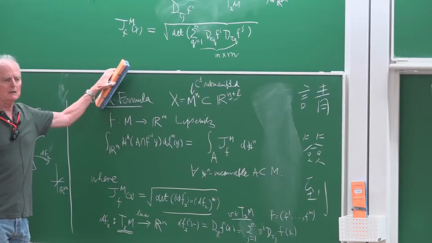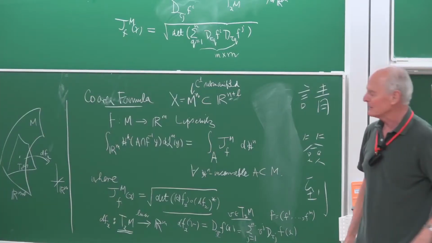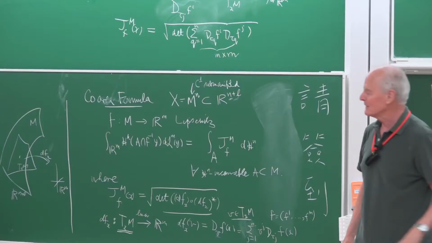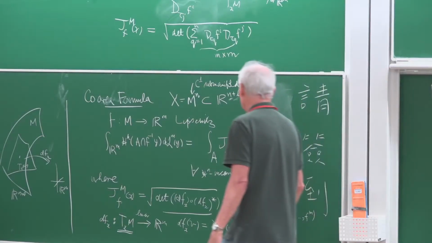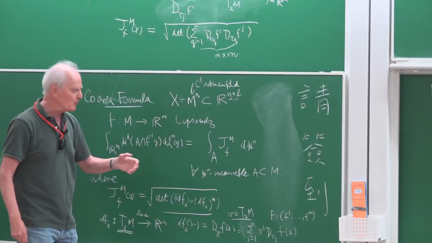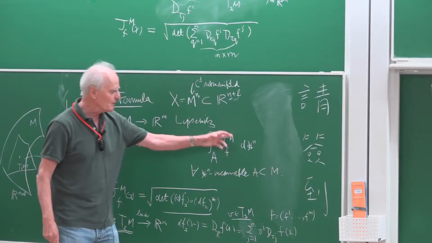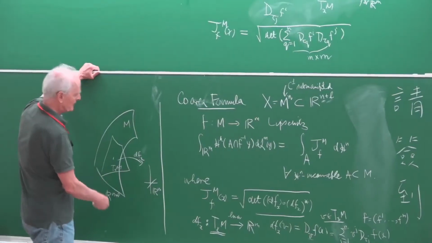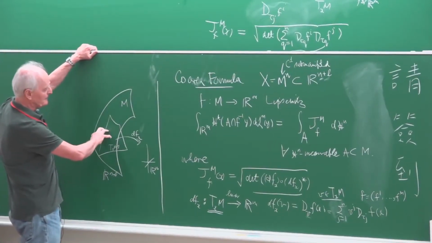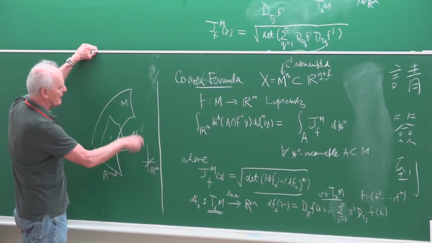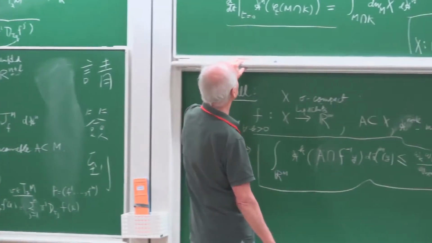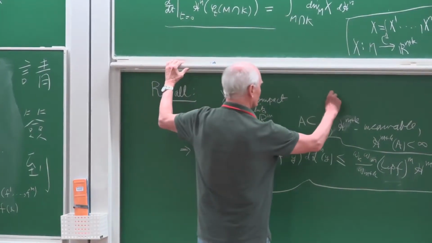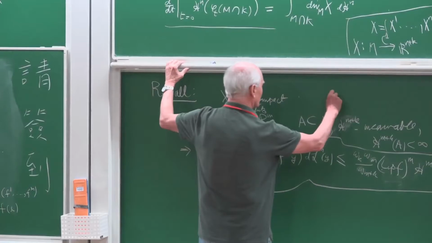So notice it's quite different than the quantity that appeared in the area formula. The quantity that appeared in the area formula would, of course, if we used that, be 0, because the rank here is m. The maximum rank possible here, remember, F is mapping an n-dimensional manifold into Rm, where m is less than n. Oh, I forgot to say that, didn't I? Otherwise this becomes quite trivial. So here m is less than n. Notice that's the reverse inequality.